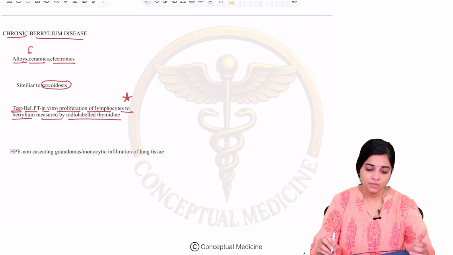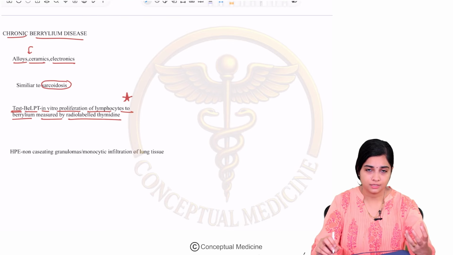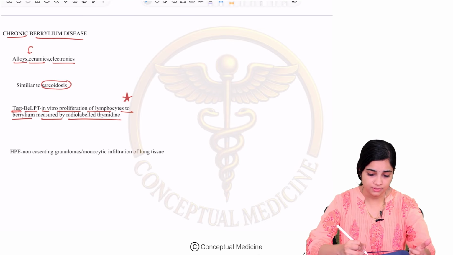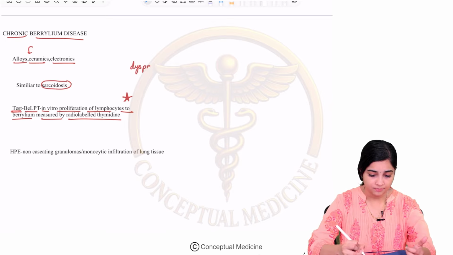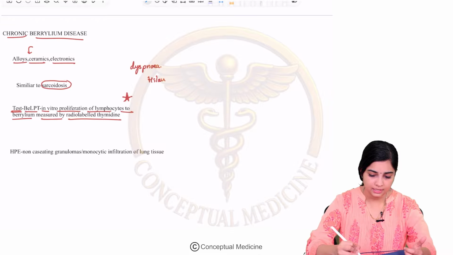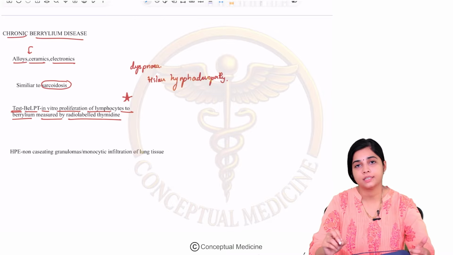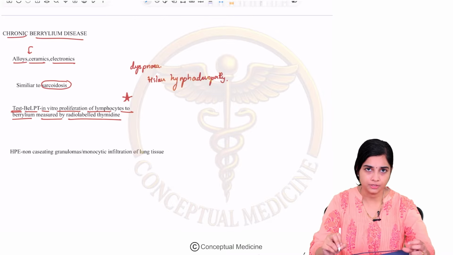Okay. So how does chronic beryllium disease present? Chronic beryllium exposure will present similar to sarcoidosis. They present with long-standing dyspnea and you can have evidence of hilar lymphadenopathy.